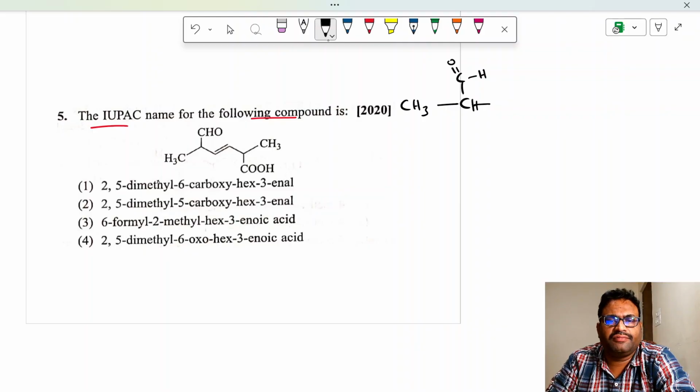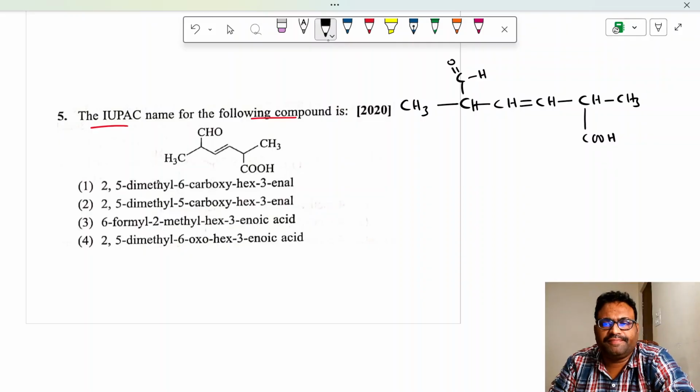CH double bond CH, CH3, COOH. So this is the complete structural formula. Let us write the numbering to this.